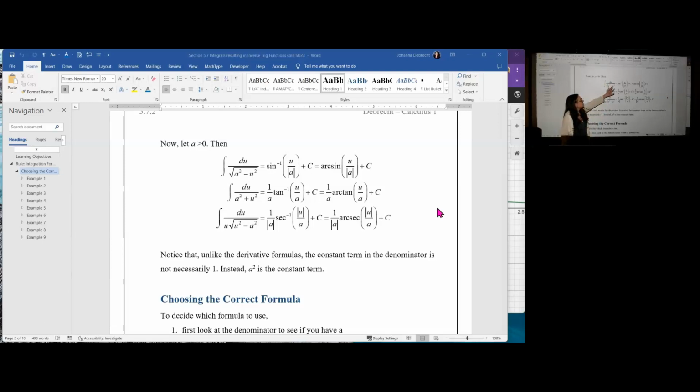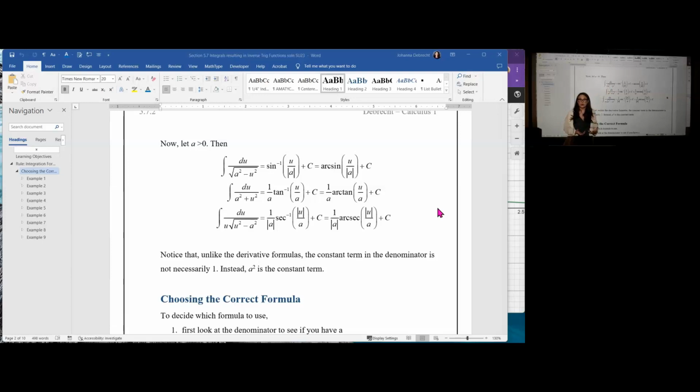When we're looking at these, notice that the format of the integrand on the left has an a squared. We always assume that a is a positive constant. It cannot be 0, or it wouldn't be an inverse trig integral. A is strictly positive. And then when we integrate du over the square root of a squared minus u squared, this a squared may not, in fact, be 1.